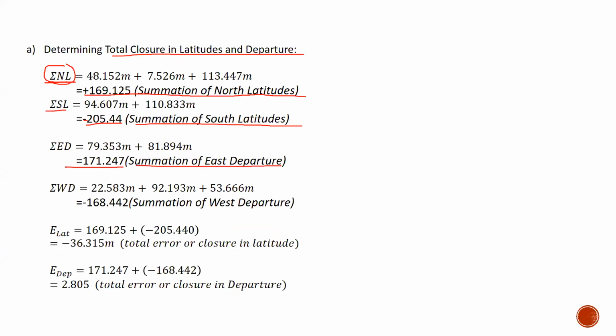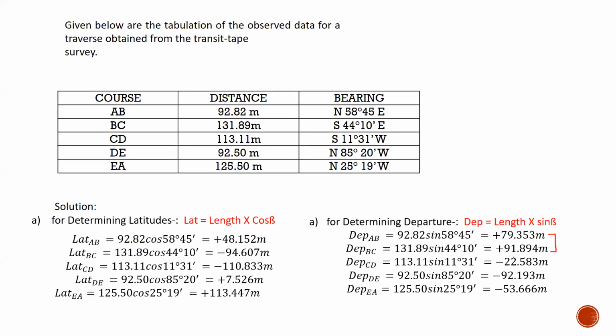That is your summation for your east departure. Next, we sum the west departure, which means the negative signs. We have here the three negative values: 22.583 meters plus 92.193 meters plus 53.666 meters.